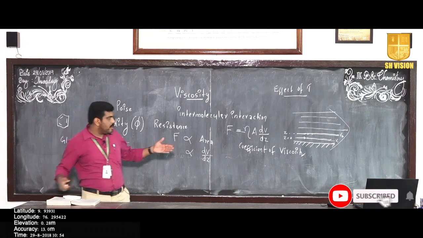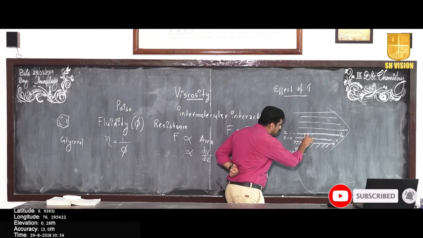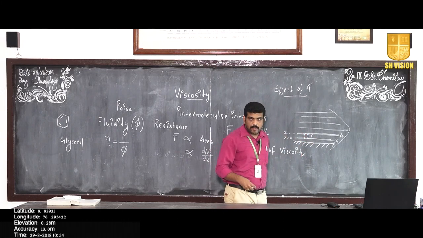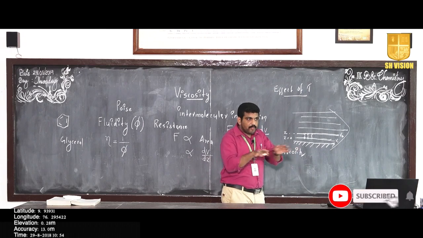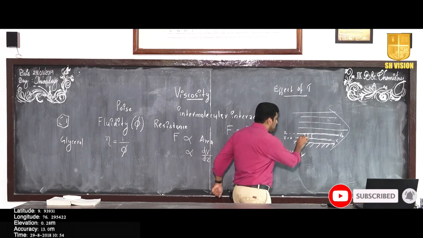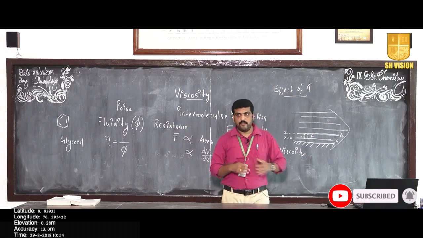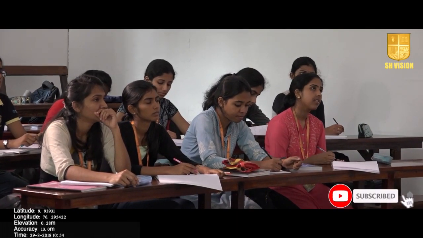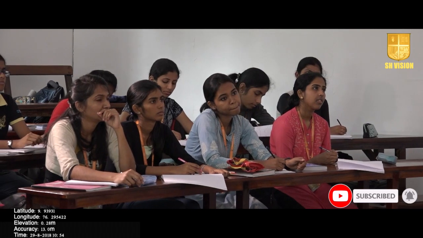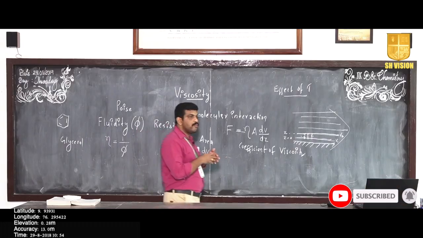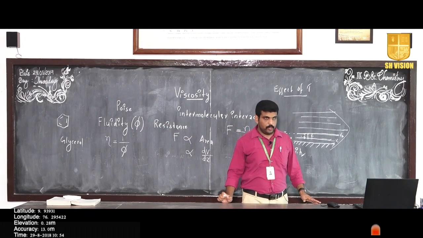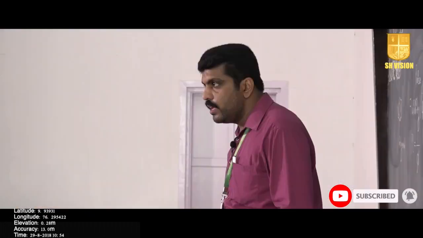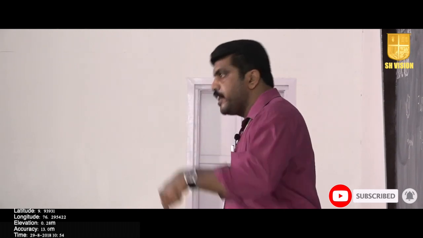There is an interaction between particles present in these layers. If you increase the temperature, there will be vibrations, and due to that the interparticle interaction weakens or even breaks. If the interparticle interaction breaks, then normally the liquid starts to flow very smoothly. So the direct implication is that if you increase the temperature, the viscosity of the liquid decreases.